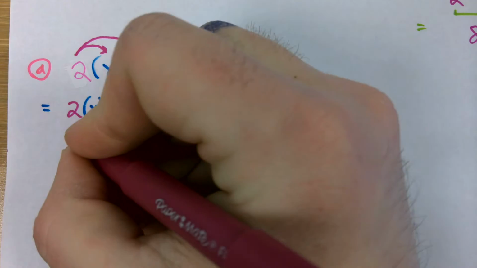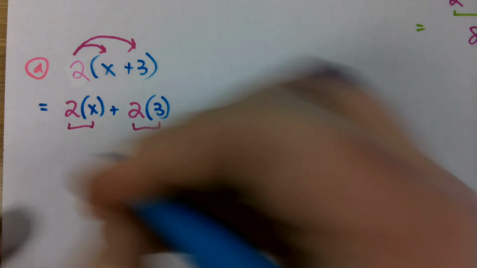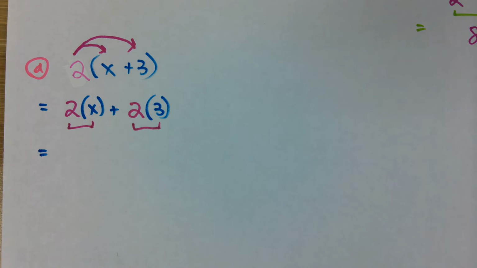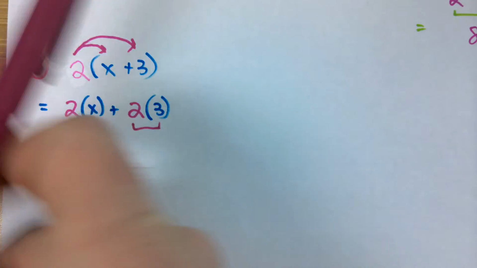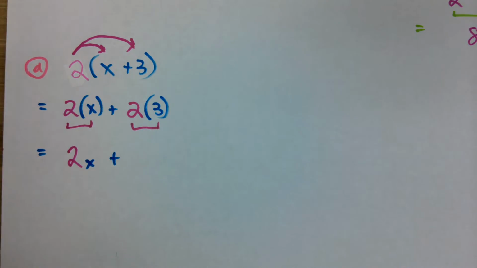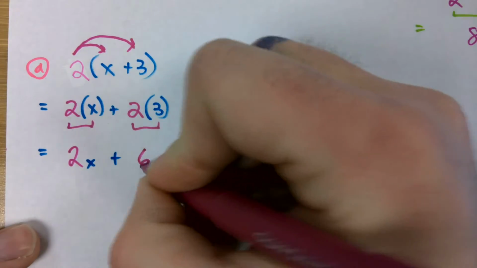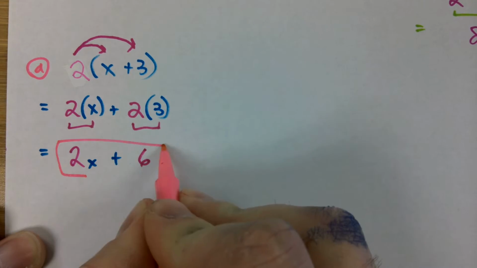So let's go ahead and simplify this. What is 2 times x going to give us? 2x, right? Can't do anything with it. It's just going to be 2x. And then what's 2 times 3 going to give us? 6, right? There we go.